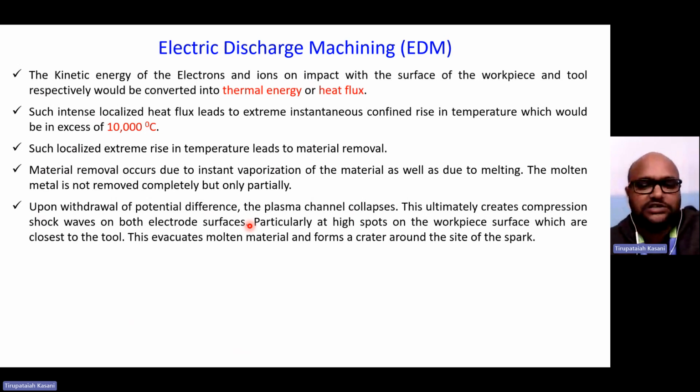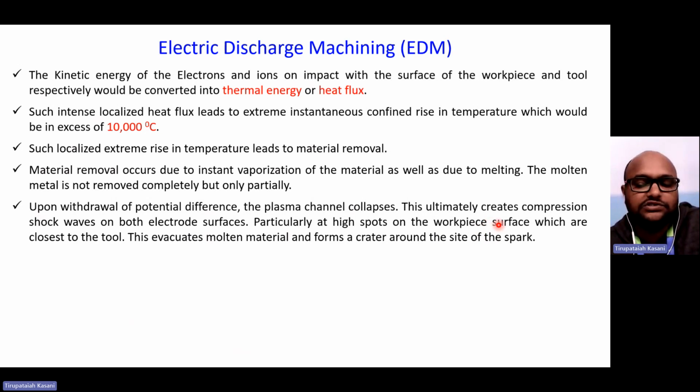Whenever there is a plasma channel collapse, it will create some amount of shock waves on both electrodes, that is the tool as well as the workpiece, particularly at high spots on the workpiece. Why? Because here more heat is generated due to the impingement of electrons, that is negatively charged particles, which are coming from the tool.